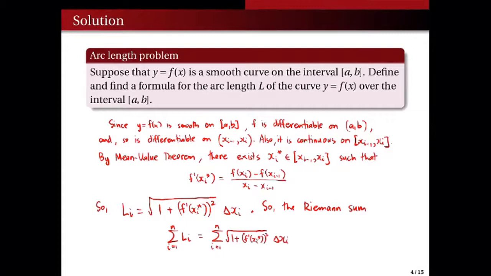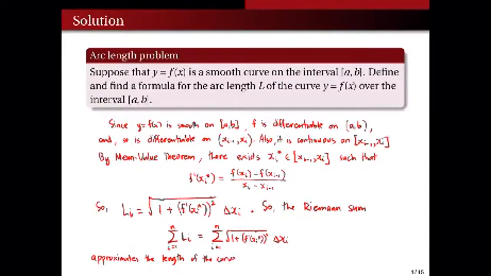So this Riemann sum approximates the length of the curve y equals f of x on the interval AB.